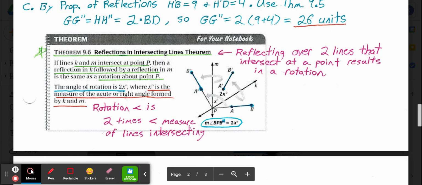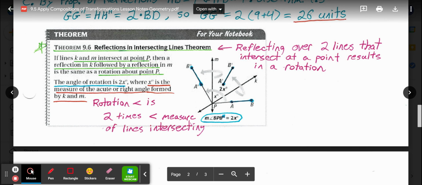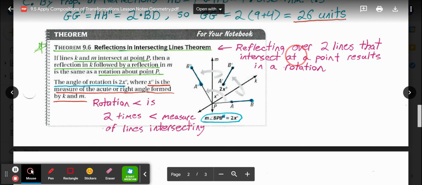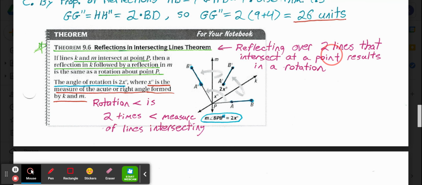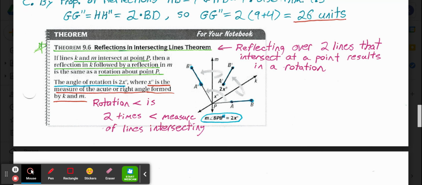Then we get to our final theorem, which has to deal with theorem 9.6, reflections in intersecting lines. So if we're doing a composition of a reflection followed by a reflection, and it's over 2 lines that intersect at a single point, that also results in a single rotation from that original figure to final.